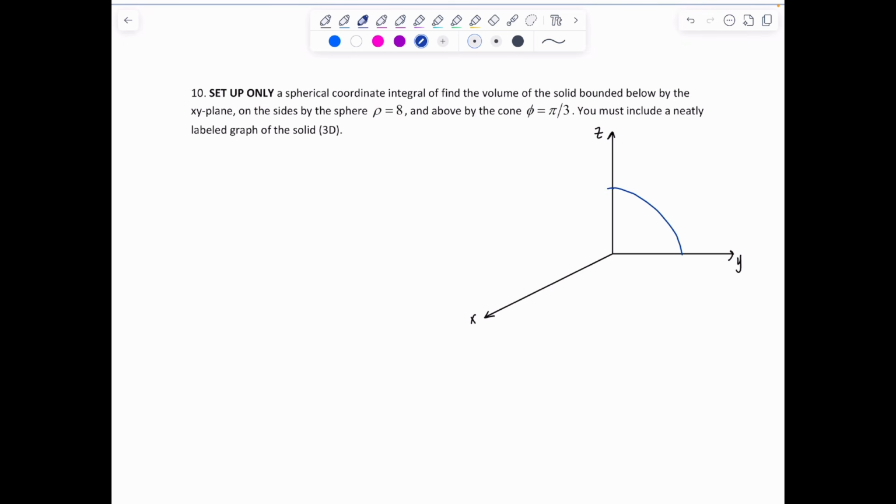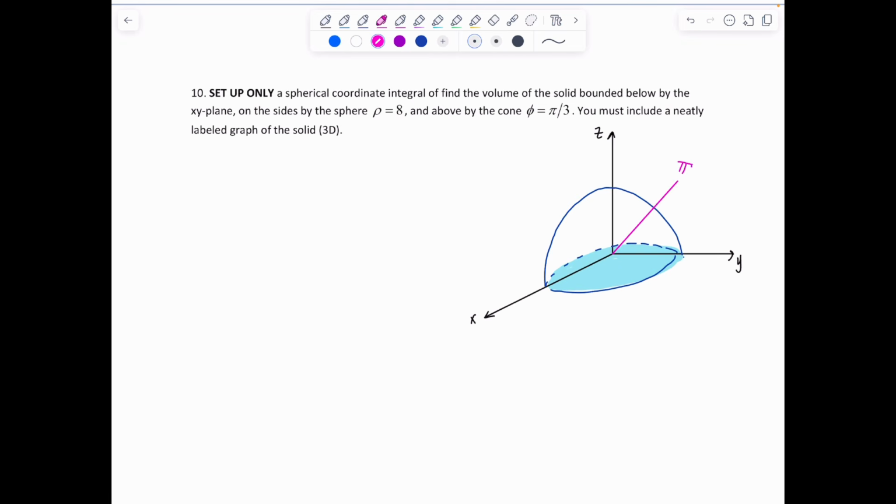Rho equals 8. I'm not going to draw the whole thing because I already know it's bounded below by the xy plane. So let me not do too much. I don't want you to think there's more to the solid. This is the base. It's bounded below by the xy plane, on the sides by this sphere, and then above by the cone, phi equals pi over 3.